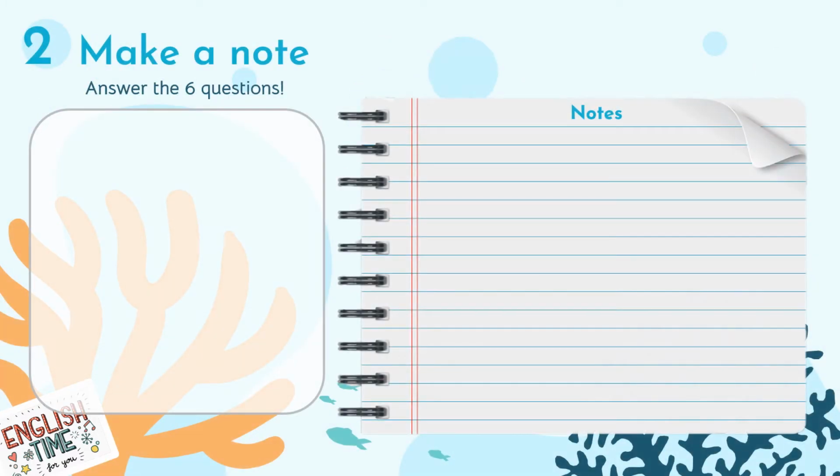The second step is to make a note. Answer the 6 questions. What are the 6 questions? Okay, the first one is what are they? Because we have chosen the blue whales, so the answer is blue whales. Number 2, where do they live?